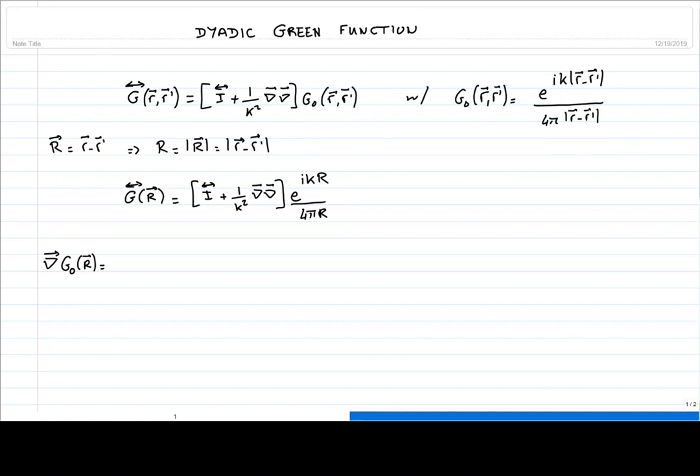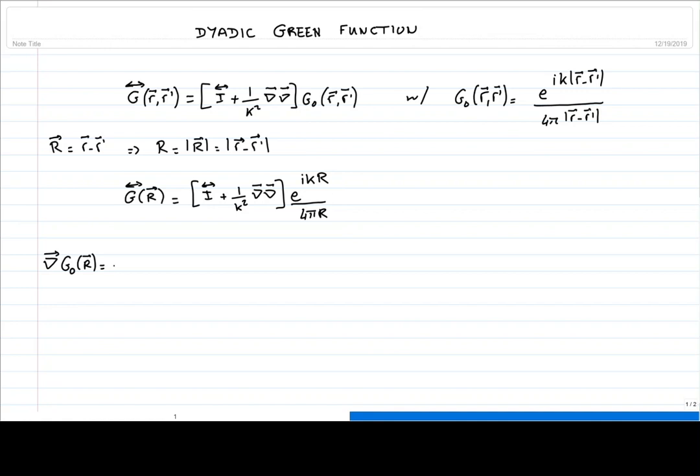So what we have here is a quotient between two functions, an exponential and 1 over r, or a product of functions.